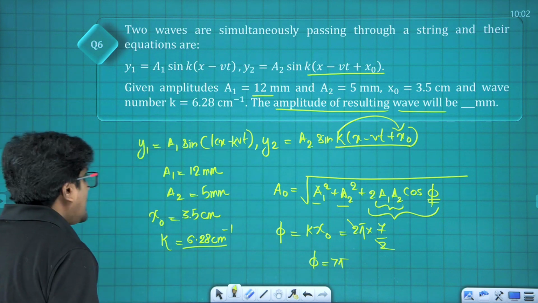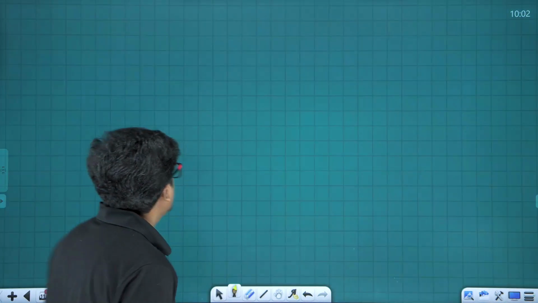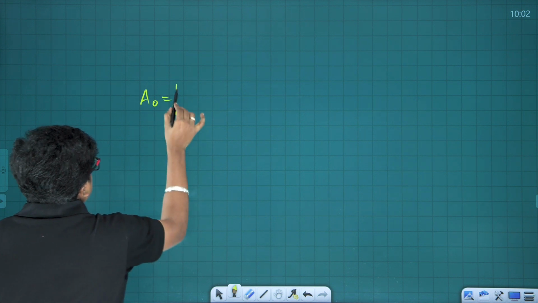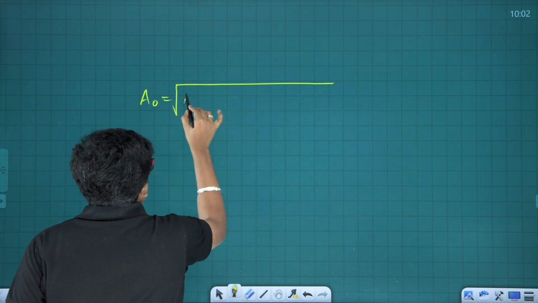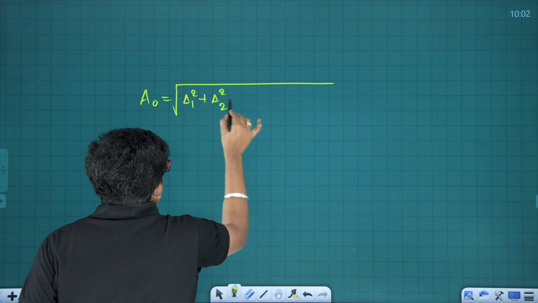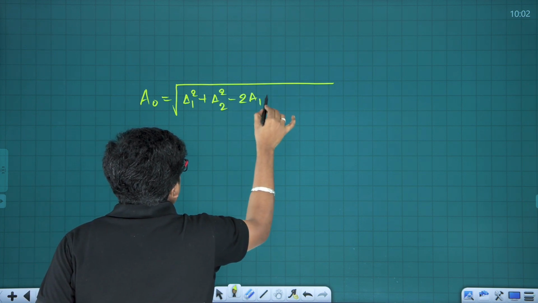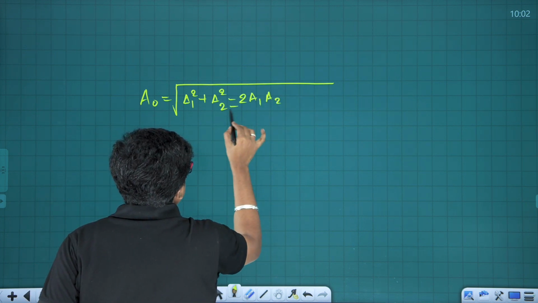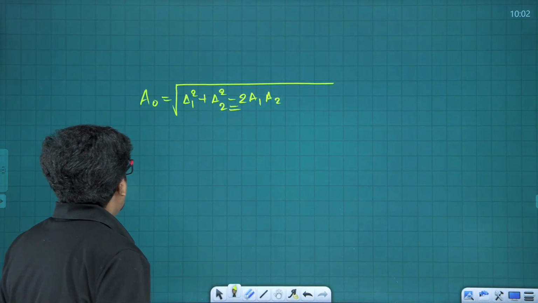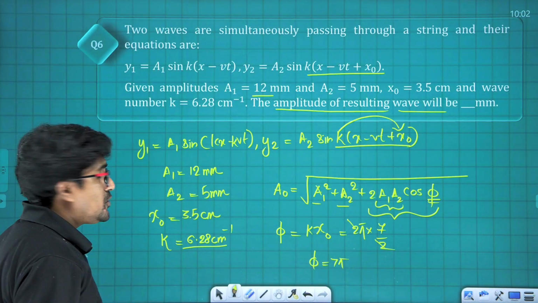Okay, so considering that and taking to the next page, a naught is now going to be root of a1 square plus a2 square minus 2 times a1 into a2. I believe you know how this minus came, isn't it? It came from that cos theta term. Now let's substitute the value for a1 and a2.